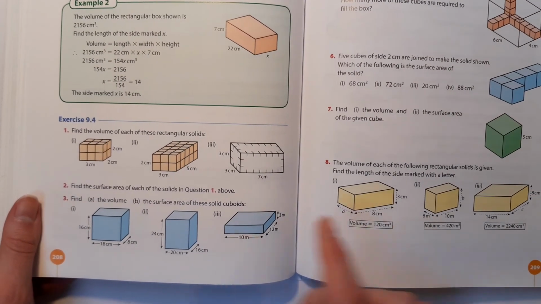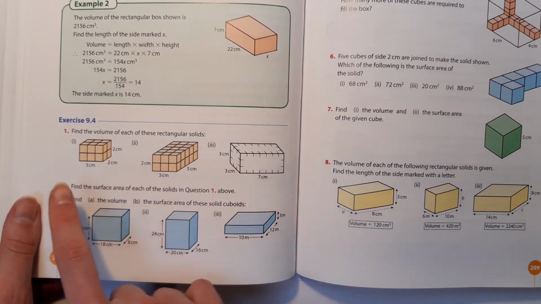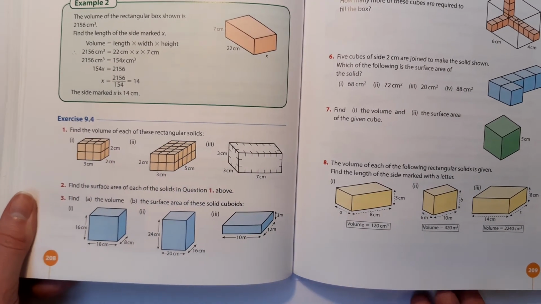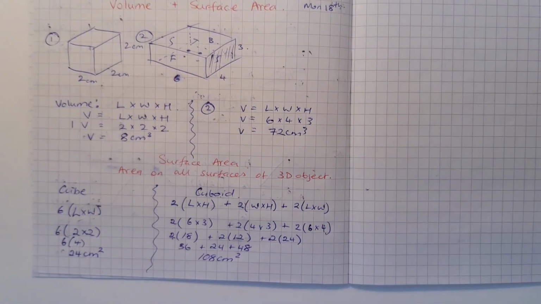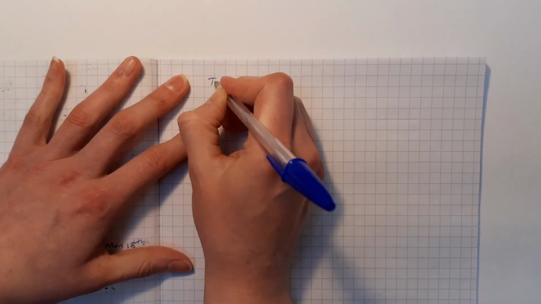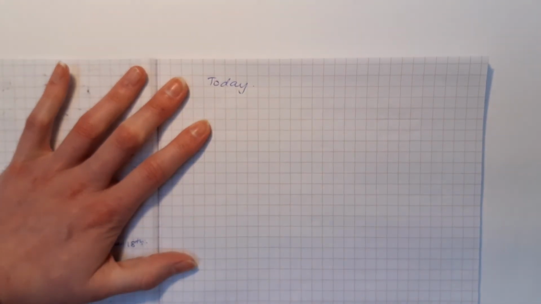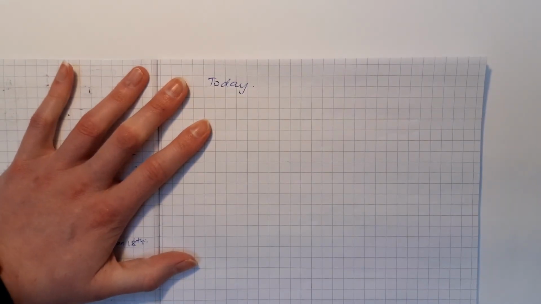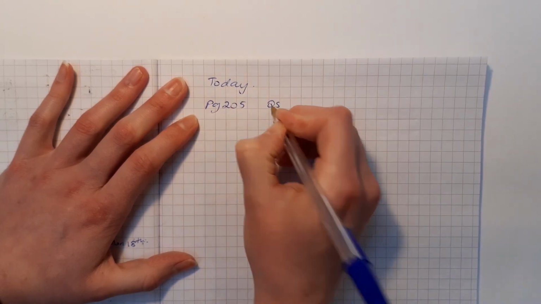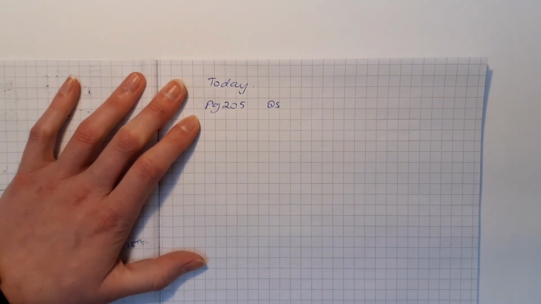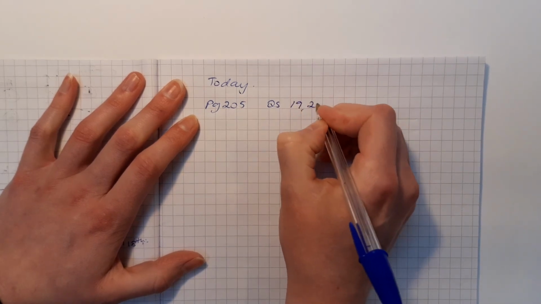For classwork, we're going to do question 1, question 2, and question 3. So I'll just write down all of the classwork now. Today we are going to look at, on page 205, questions 19 and 21.